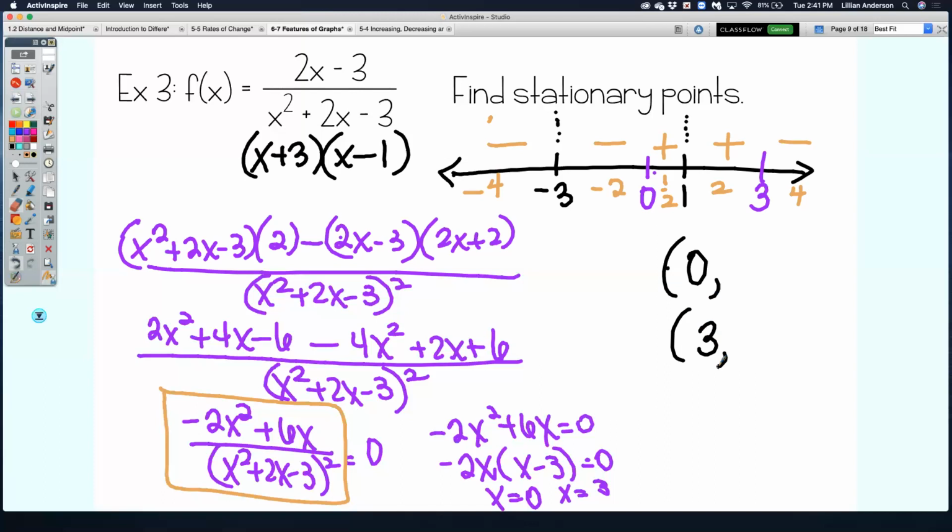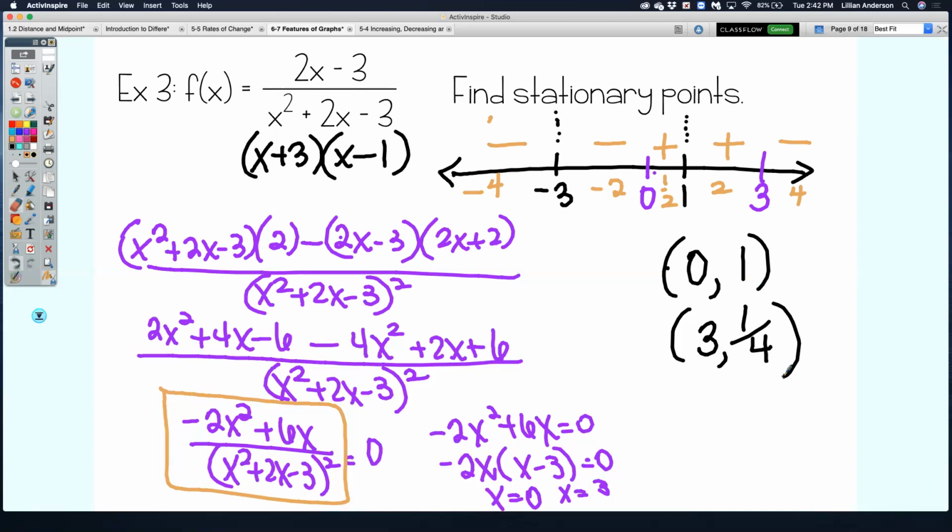But I need to actually find their y values. What do? Plug it into the original. When I plug in 0, that'll give me -3 over -3, which equals 1. Then when I plug in 3, that becomes 3 over 12, which is 1/4.